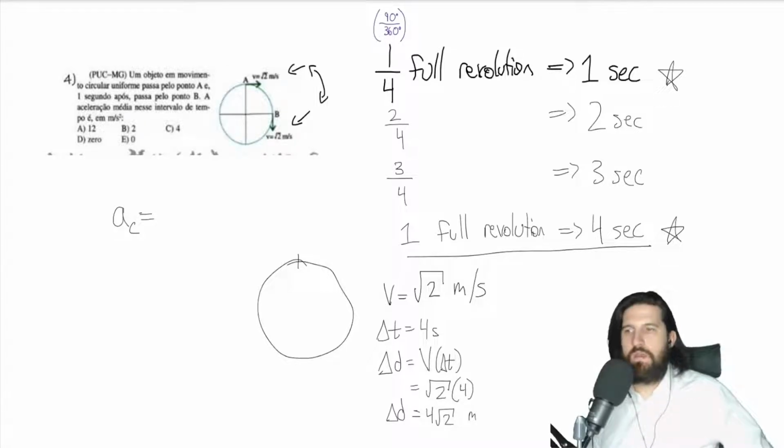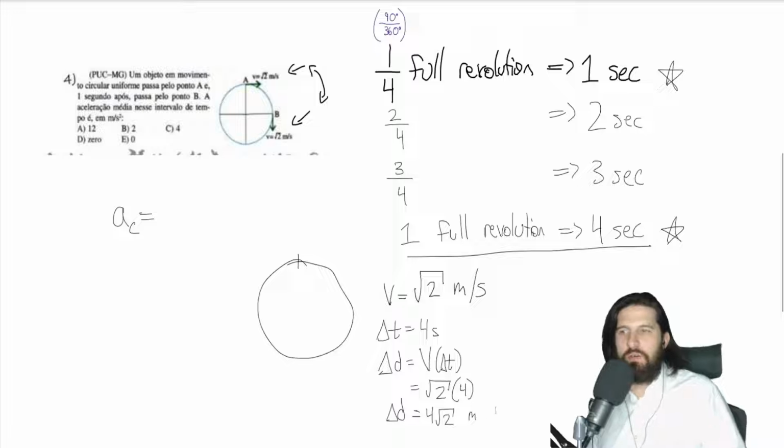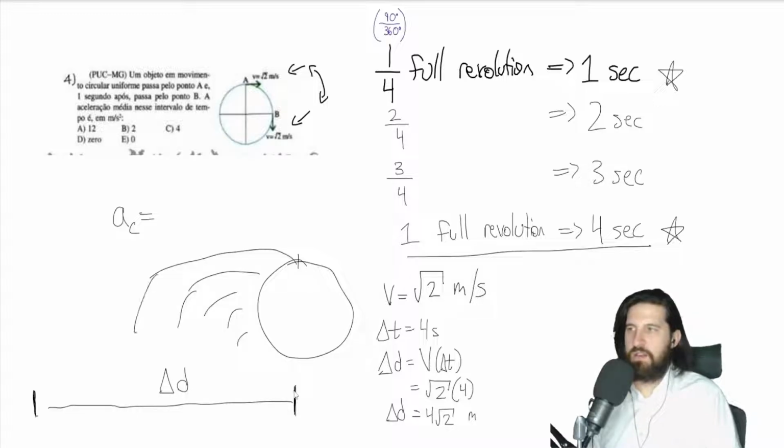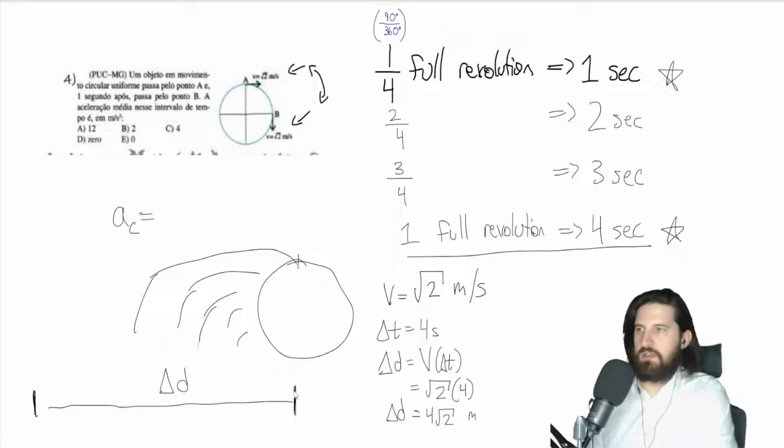Okay. Yeah, exactly. We need to find the radius. So the delta D is sort of like, if you lay out this circle, if you open this circle up and lay it flat, you're going to get delta D, right?